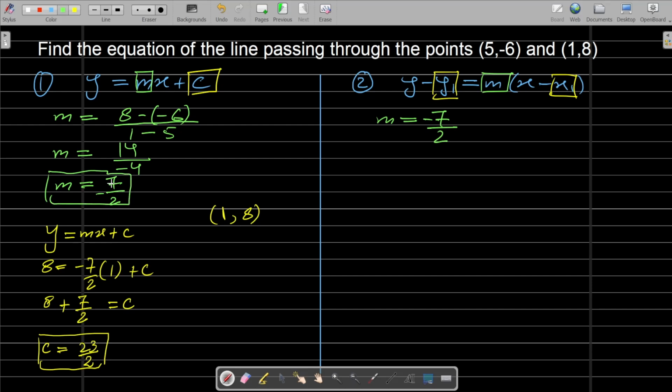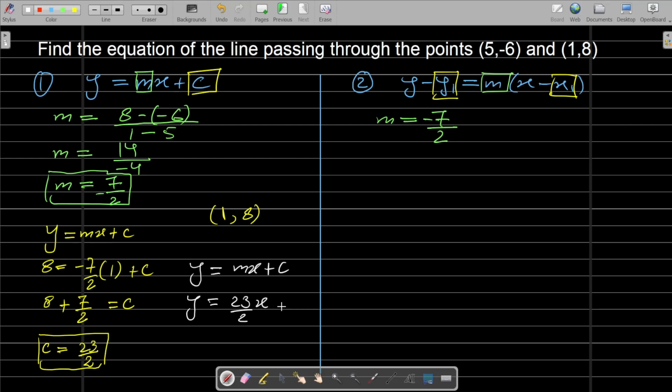As soon as you have the two things, now all you can do is just apply y equal to mx plus c. Y will be copied the way it is. M is negative 7 by 2. The value of x, there is no certain value of x because you are finding the equation, so you just have to keep x the way it is.